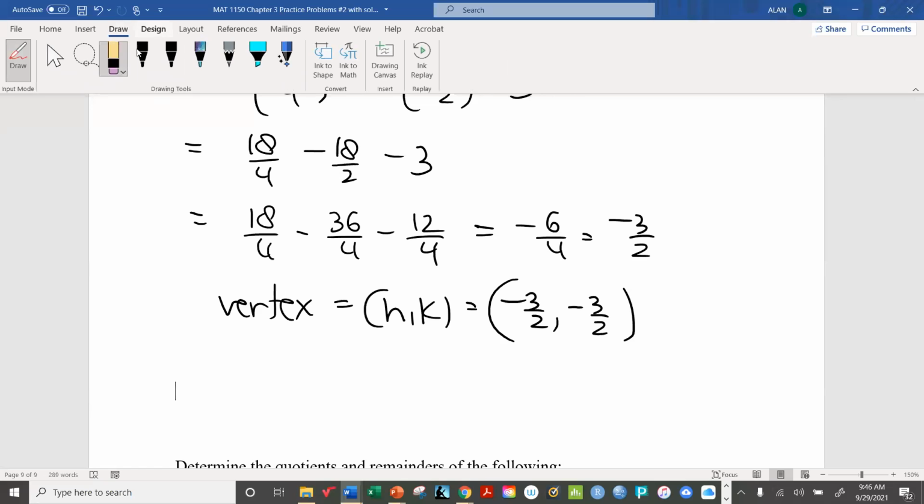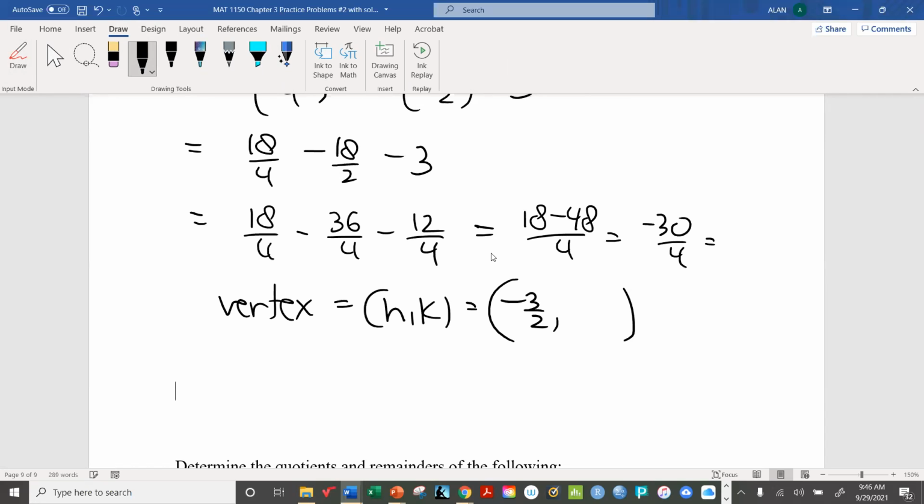Right here, this is not correct. This is actually 18 minus 48 over 4 minus 15 halves. That's more like it. Okay. So that's our minus 15 halves.